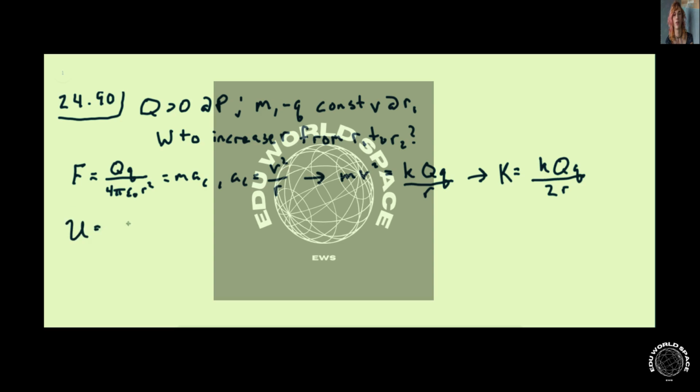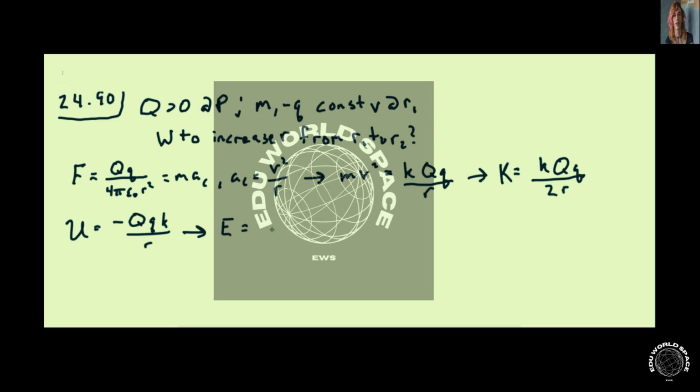Potential is easier. It's going to be negative qQ times Coulomb's constant over r. So the total energy, which must remain constant, is the sum of these two things.